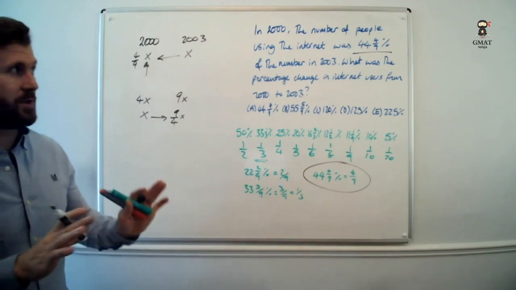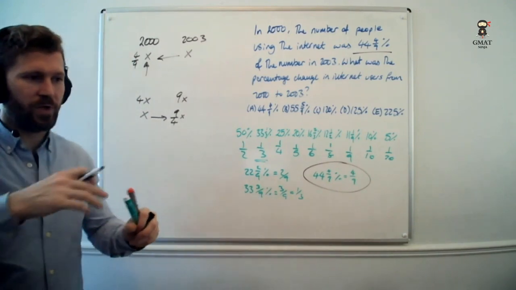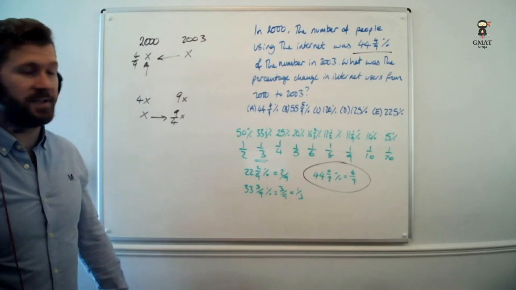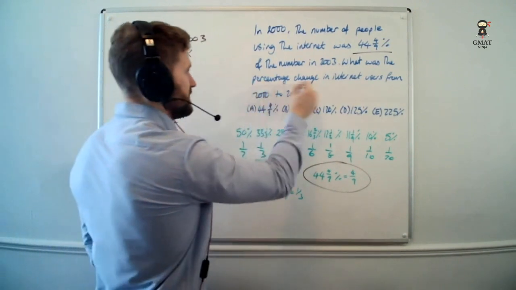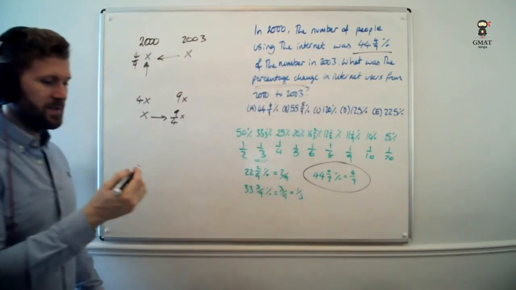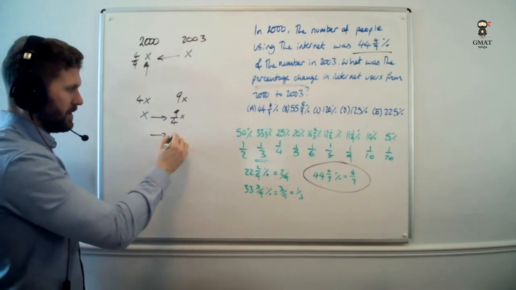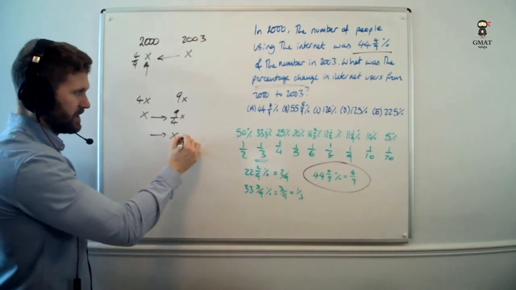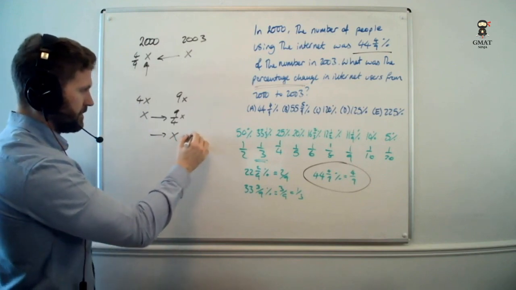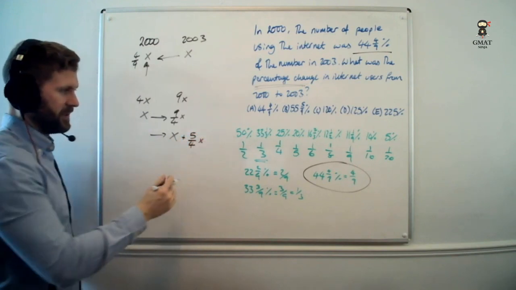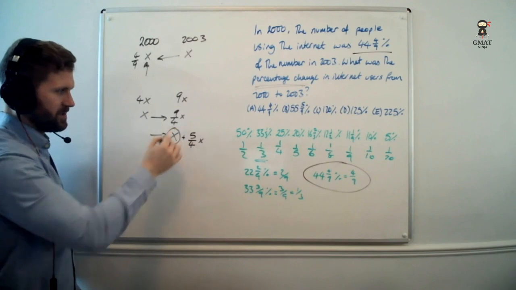Now that's not us done, because I don't want to know what percentage of internet users. I want to know what the percentage change was. And so we need to think about this in a slightly different way. This 9 over 4x, well, I could think about that as the x plus 5 over 4x. This is the original.